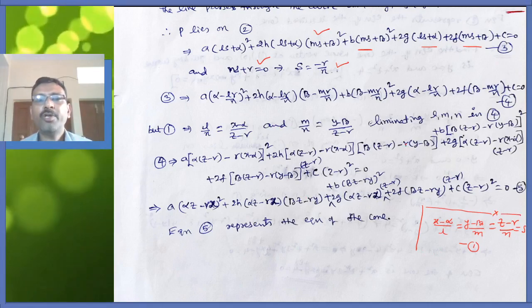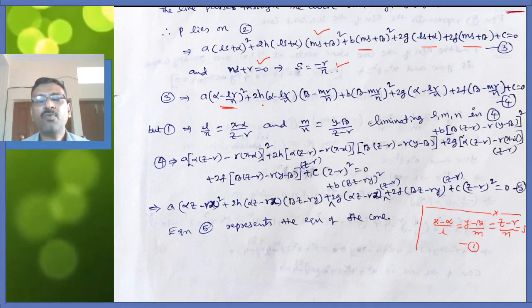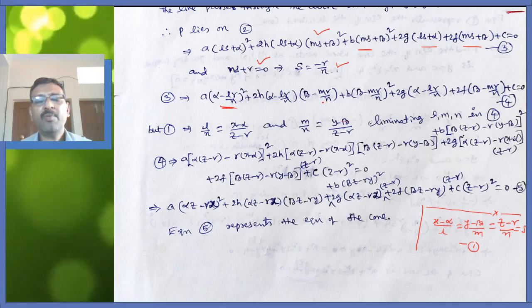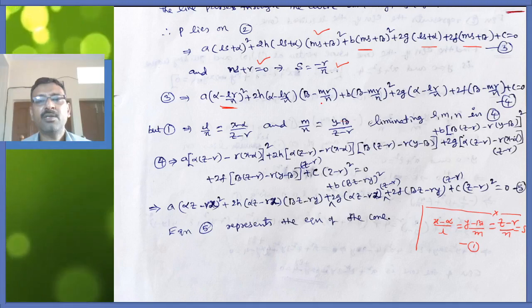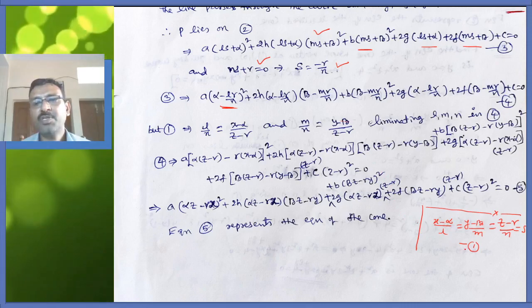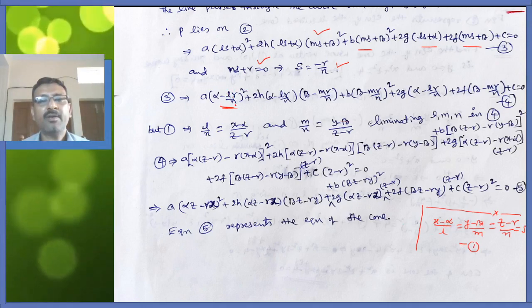Now I am going to eliminate L, M, N. In this equation 4 we have L, M, N. If I eliminate L, M, N, finally I get an equation in terms of x, y, z. For that I use equation 1. For example, in the first term we have L by n.